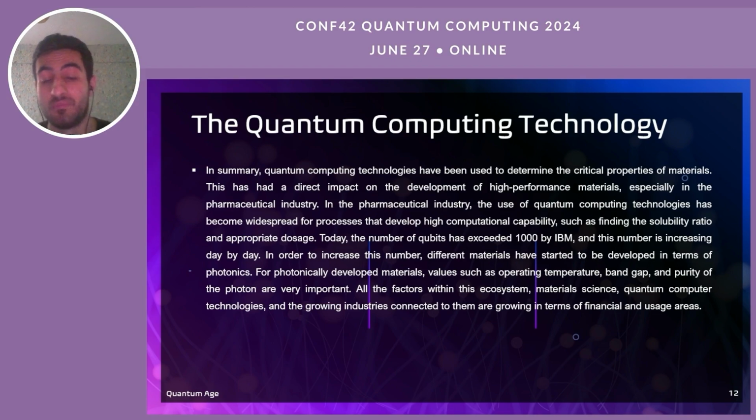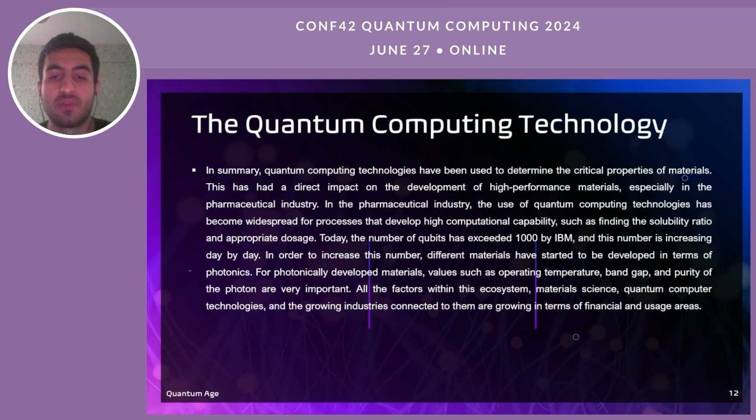There are many sectors and many corporations in this field, and this number is increasing day by day. To increase this number, different materials have started to be developed in terms of photonics. Photonics is the main section of material science for quantum computing technology.